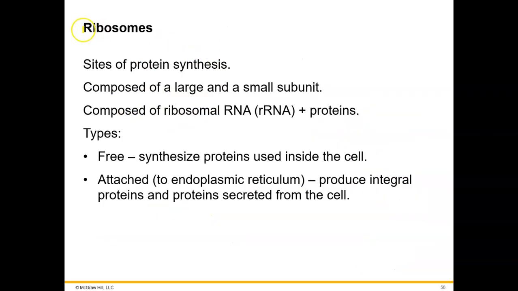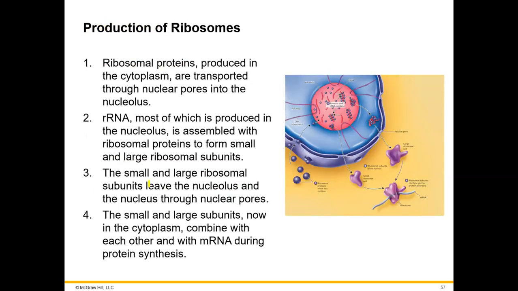Ribosomes, remember, are manufactured by the nucleolus, and ribosomes synthesize proteins. Ribosomes can just be free in the cytosol or attached to the endoplasmic reticulum, forming the rough endoplasmic reticulum.